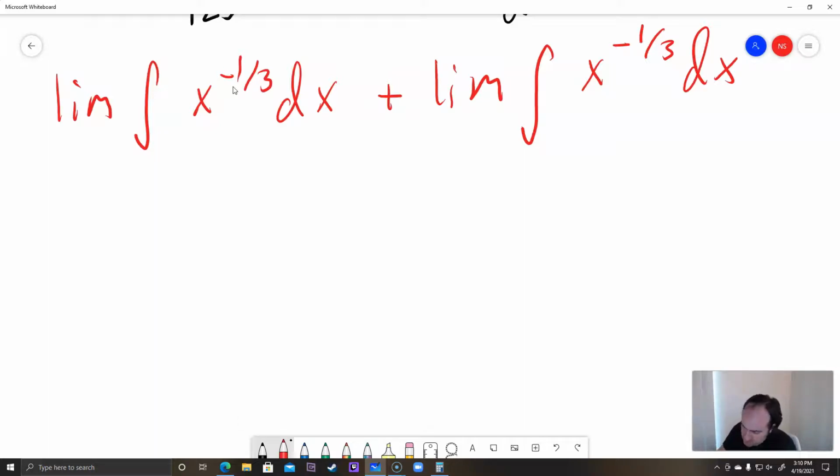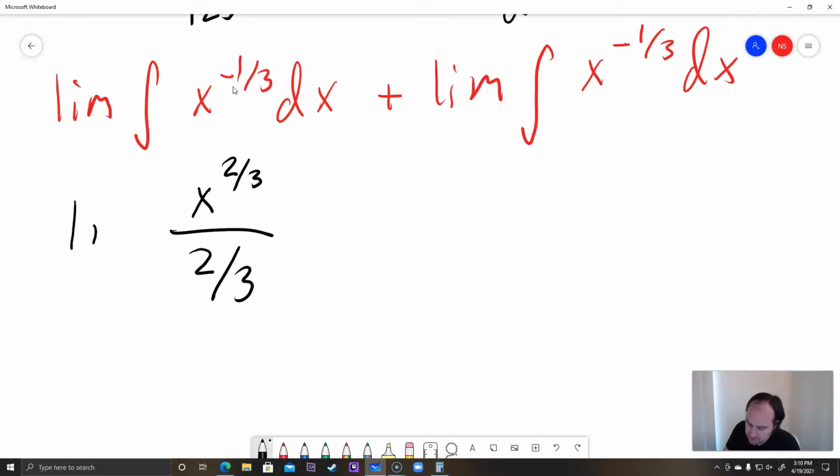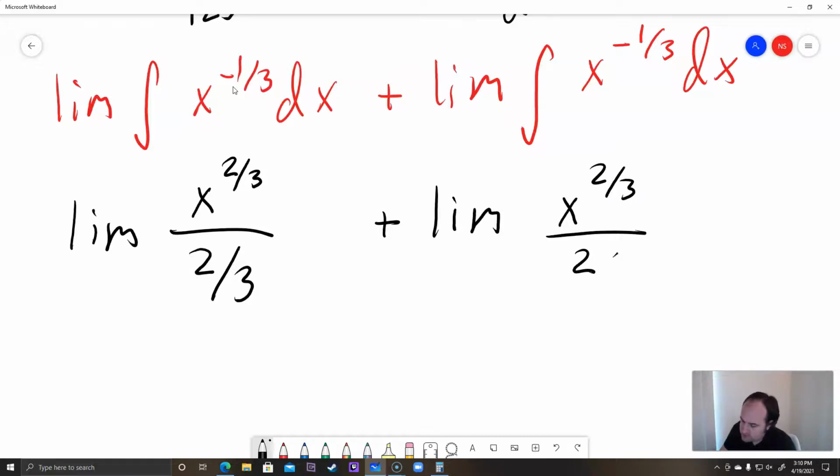Using the power rule, we get x to the 2/3, and then we divide by our new exponent. So we get x to the 2/3 divided by 2/3, and we still have our limit out front. And we have the same thing over here, since this is the exact same expression: the limit of x to the 2/3 divided by 2/3.